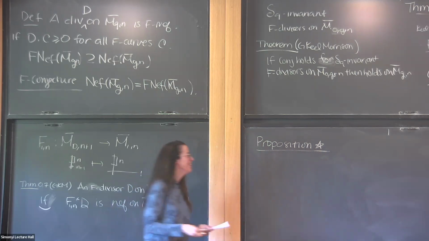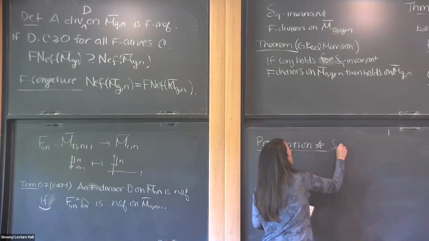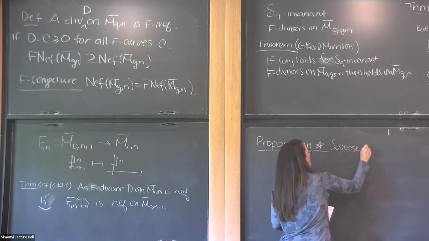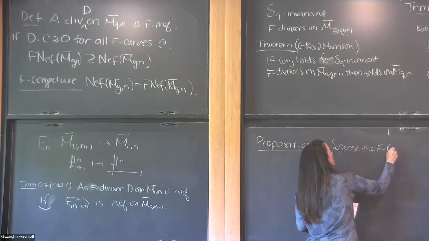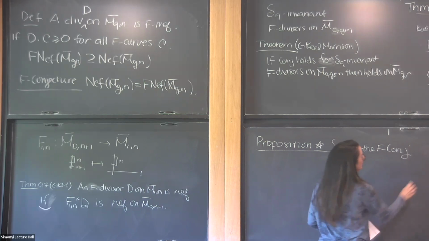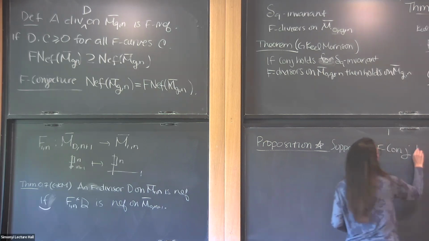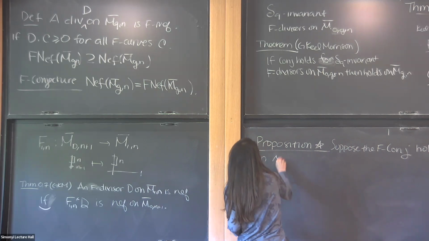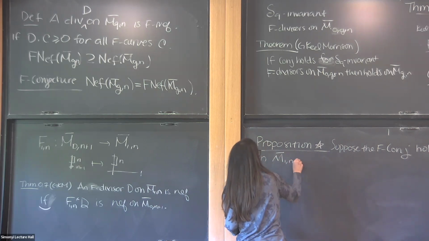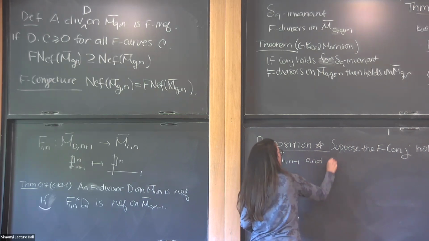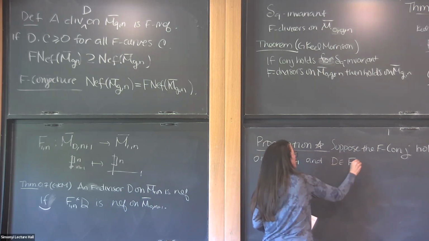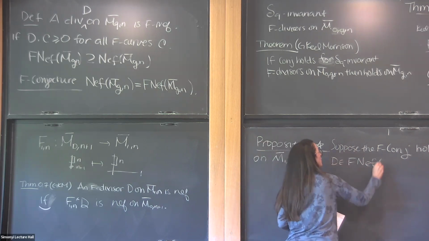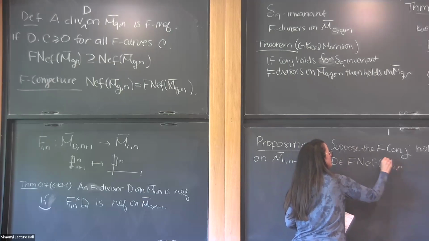Okay, so suppose the F conjecture holds on M1,n-1, and D is in the F-nef cone of M1n.